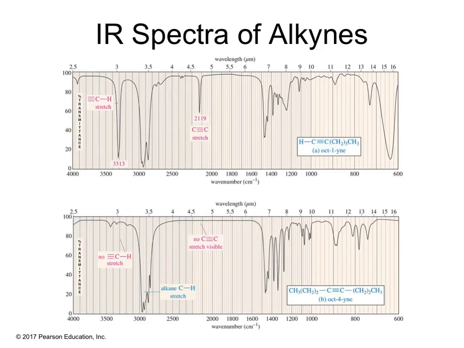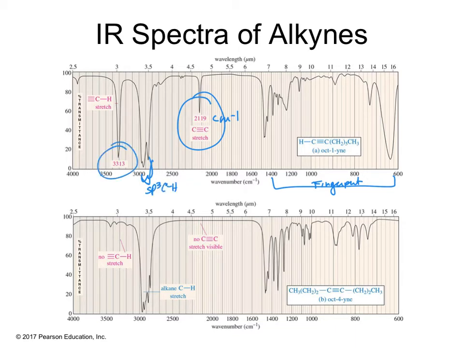Okay, alkynes. Once again, we're not worried about the fingerprint region. We have a carbon-carbon triple bond at 2,119 reciprocal centimeters. This right here is our sp3 carbon-hydrogen bond.